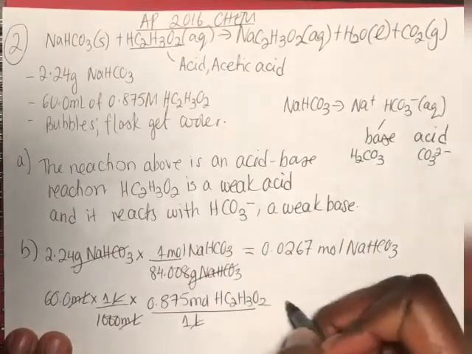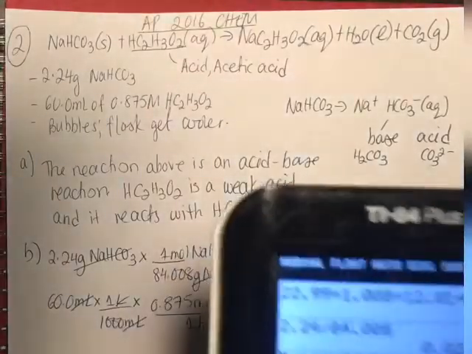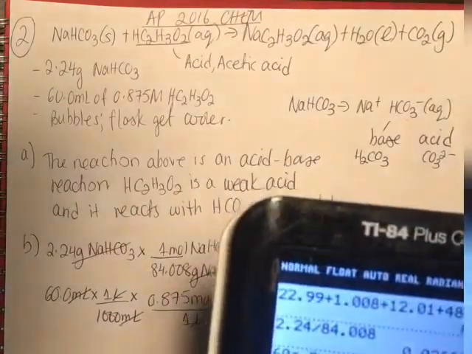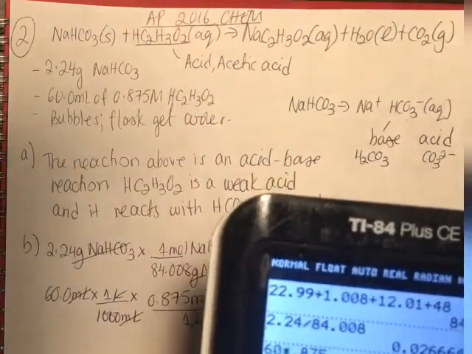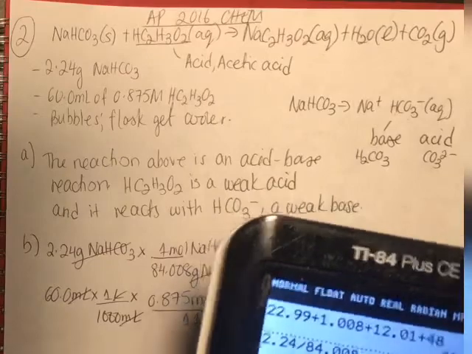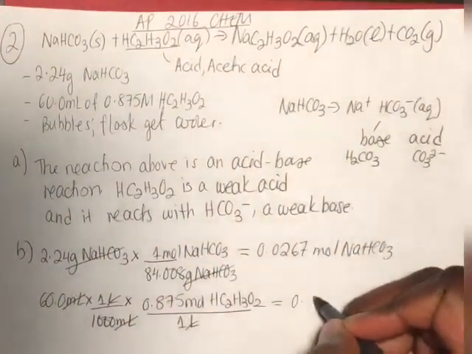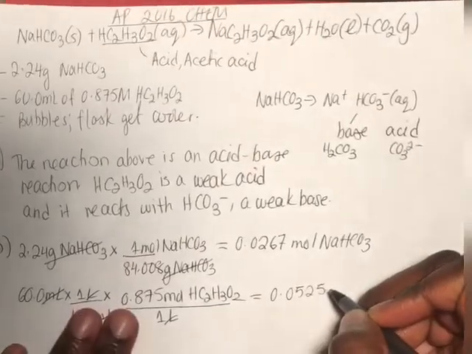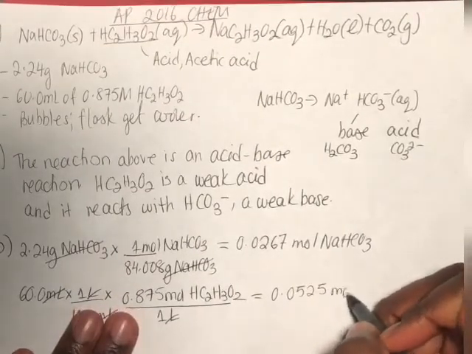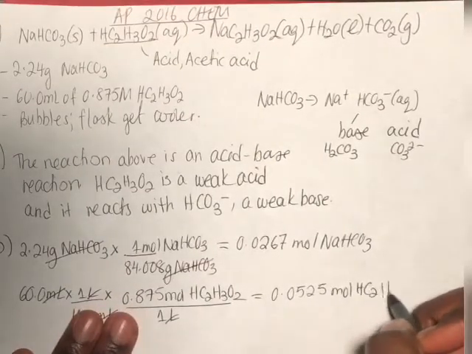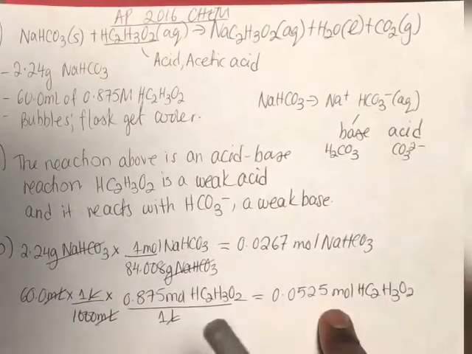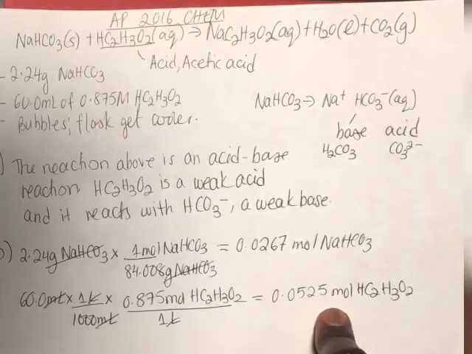Liters cancel liters. We'll put that into the calculator. We get 0.0525 moles. And this is perfect. Because we want exactly 3 significant figures.